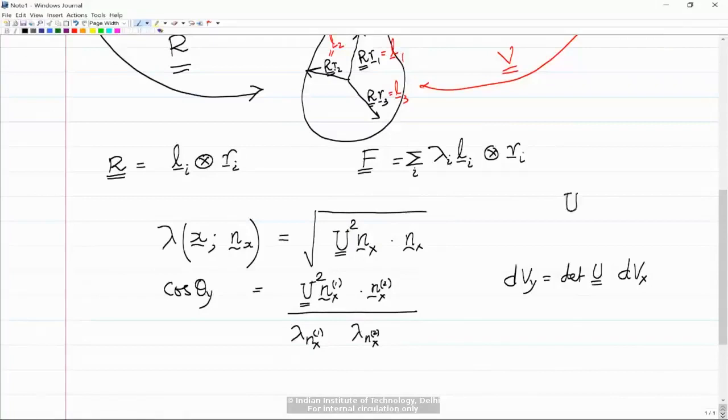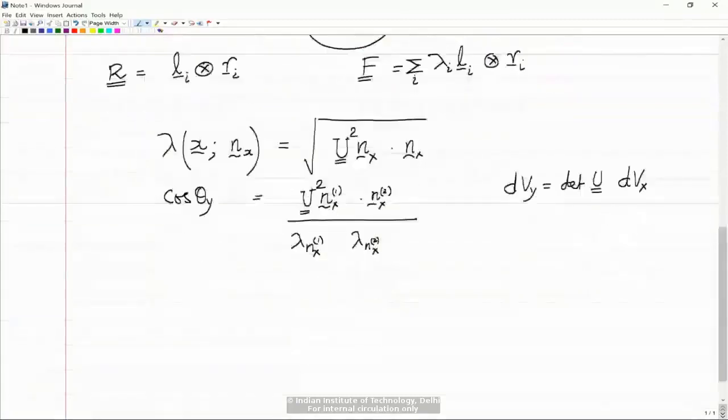And you know this because u square, maybe I can write it a little more nicely below. What you saw is that u square is actually f transpose f, and f was big R into u.